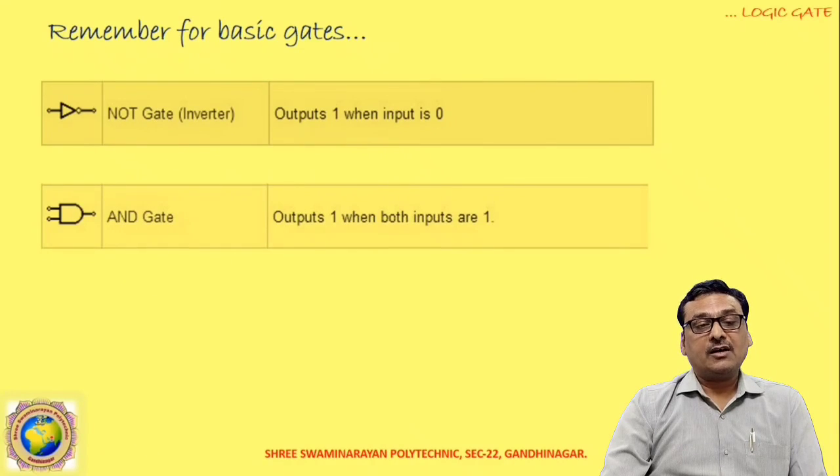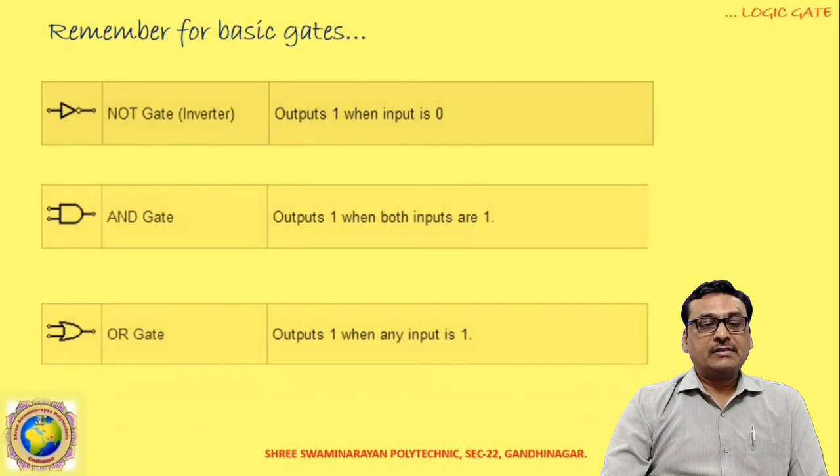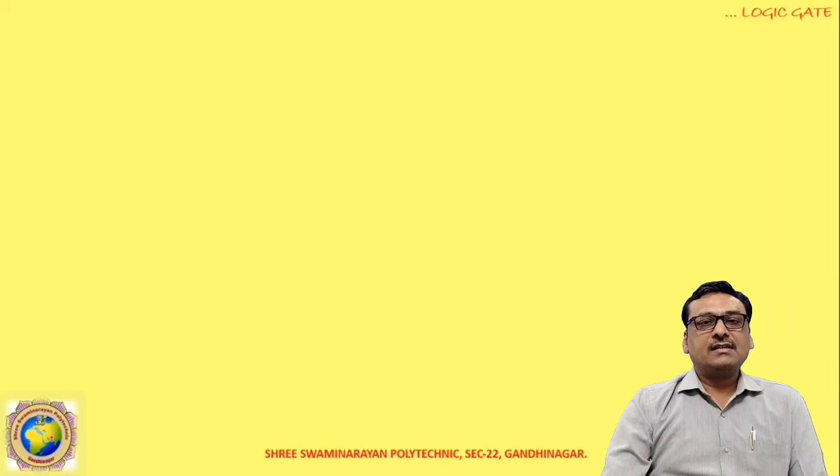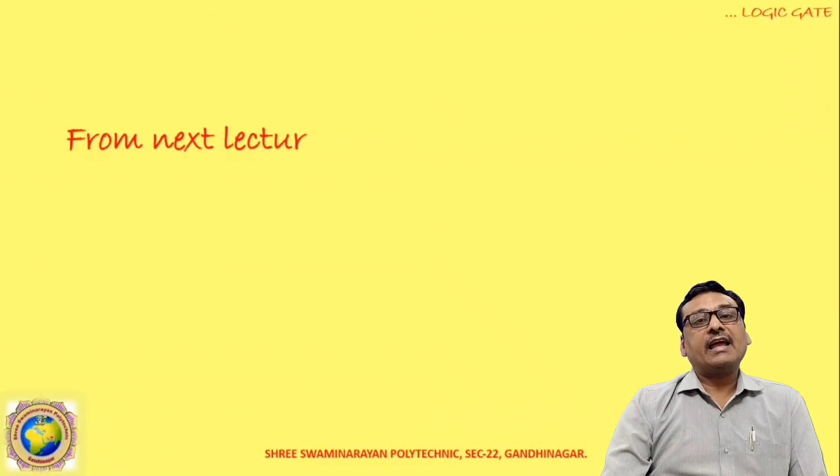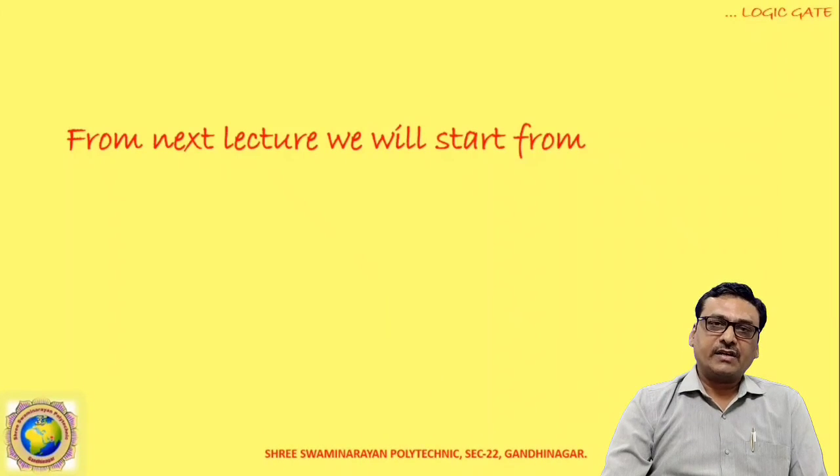And the OR gate gives output 1 when any input is 1. I hope you understood the basic logic gates, because knowing all three gates is the fundamental requirement. By using these three gates, we can create any situation or any kind of gate. That's why they are called basic gates.